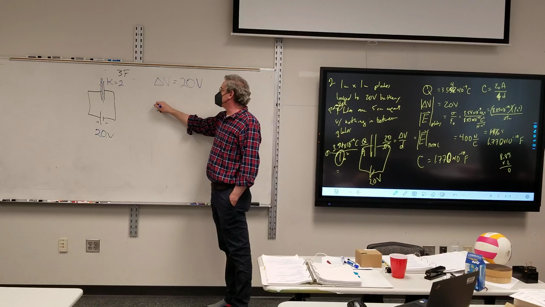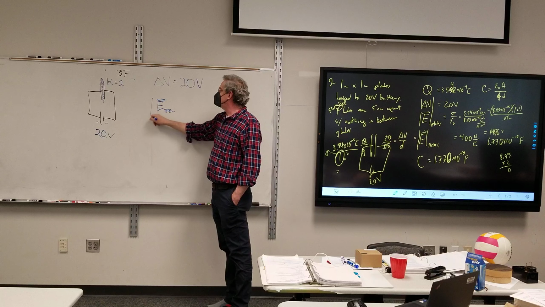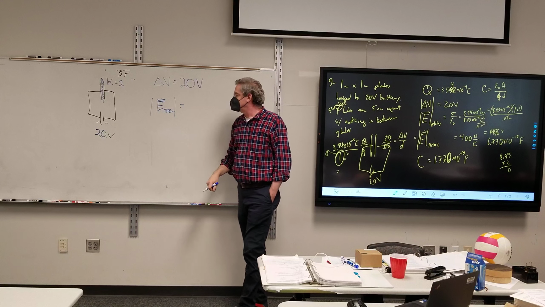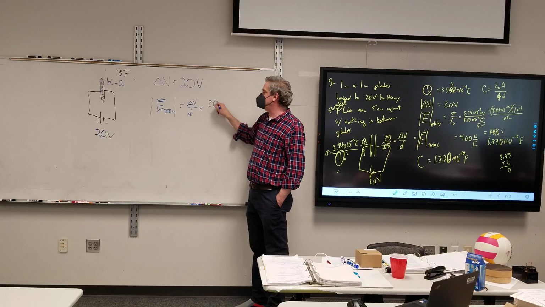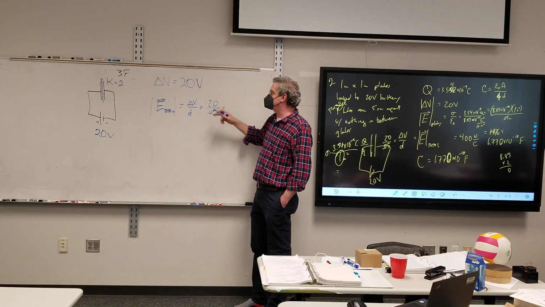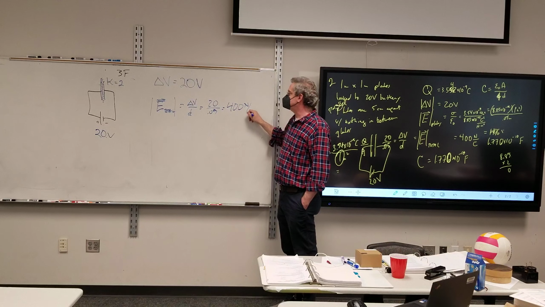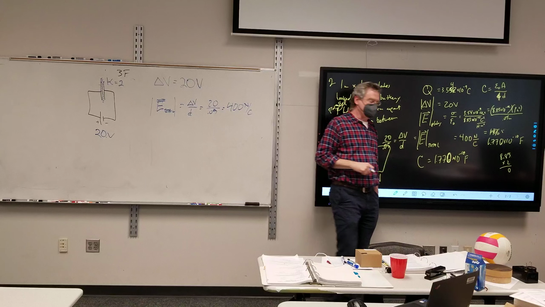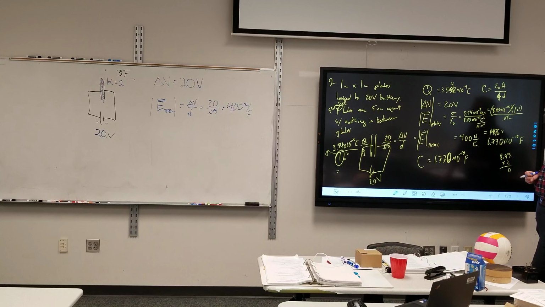My total electric field is still my voltage divided by the distance between them, so that's 20 over 0.05. So my total electric field is 400 newtons per coulomb. That also stays the same.